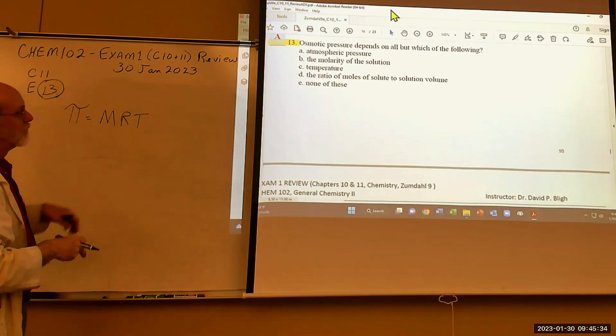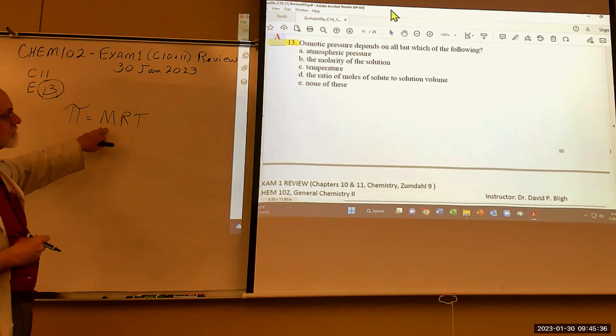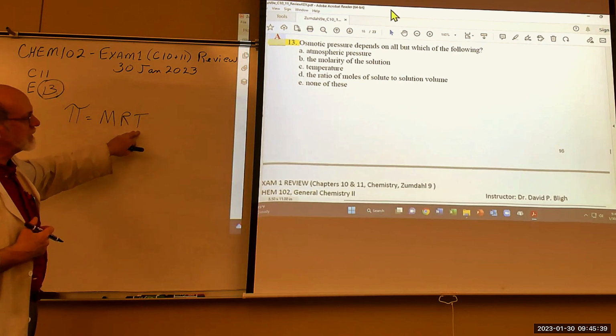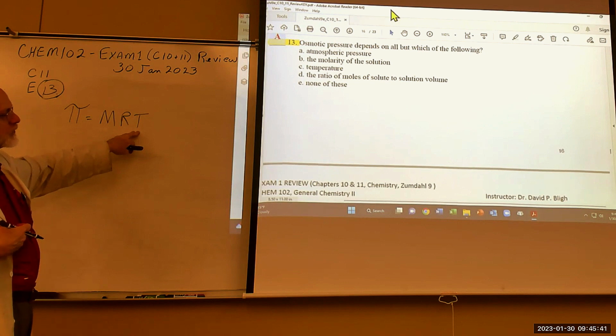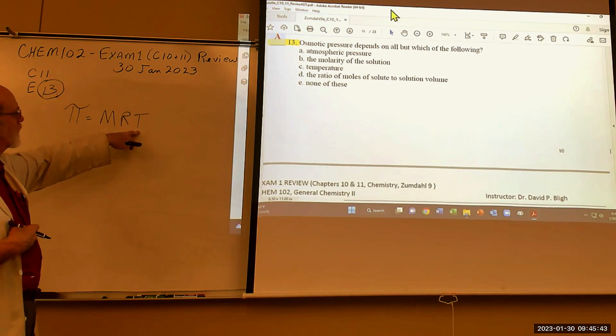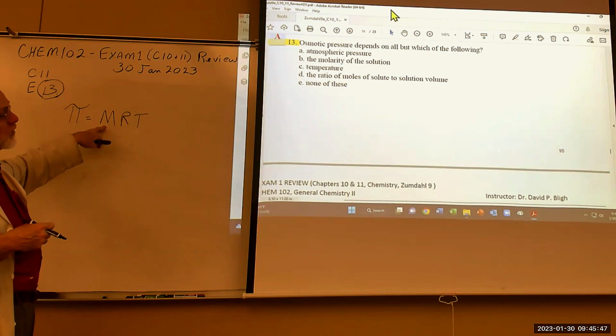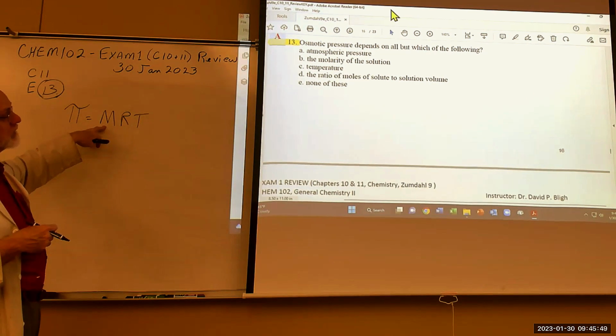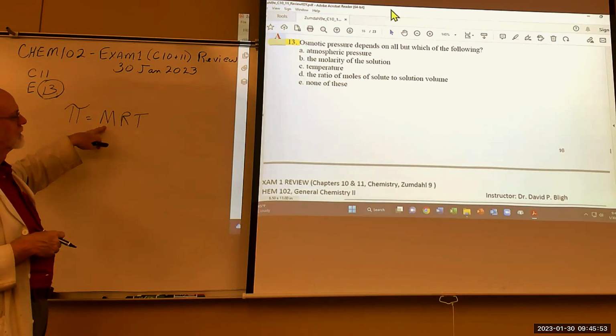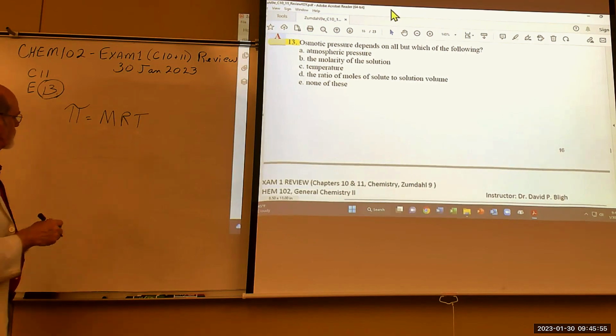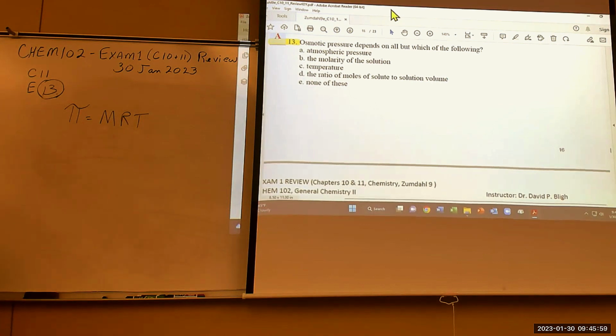Molarity of the solution varies, B. Temperature varies, C. Ratio of moles to solution volume is another way of saying molarity. So which one? All of the above. Osmotic pressure depends on all but which? Atmospheric pressure. It doesn't depend on atmospheric pressure at all.